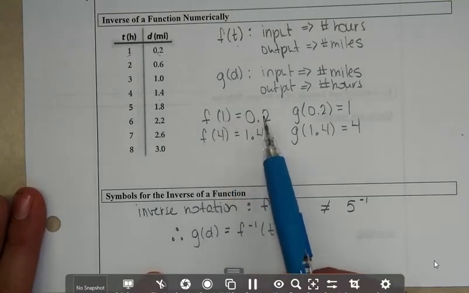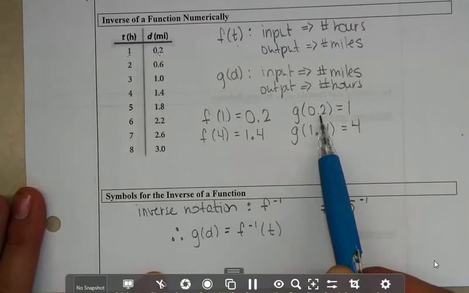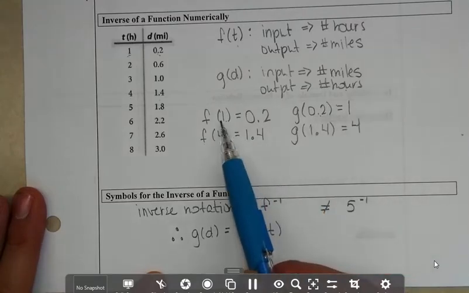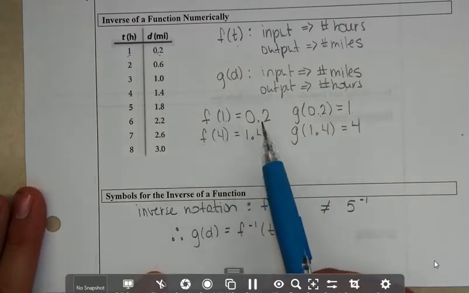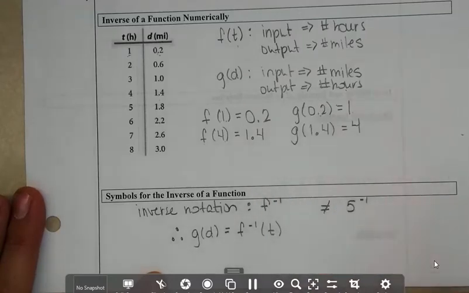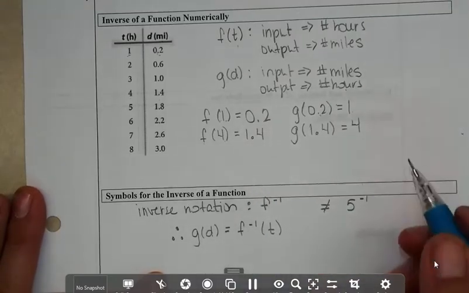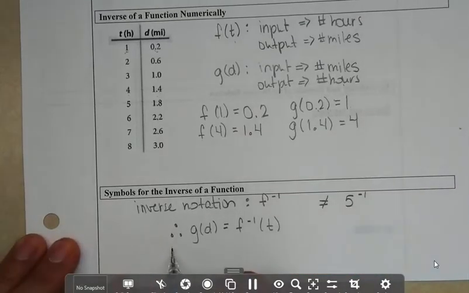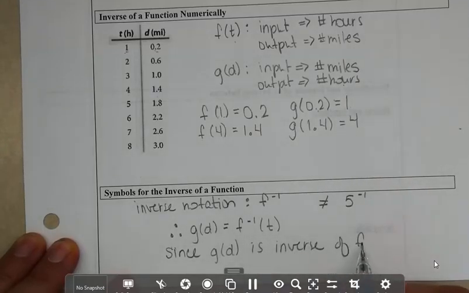If I take that same output and put it into the g function, I get out the input from the f function. So basically what we're doing here is interchanging the x's and the y's, which tells me that those two are inverse functions. So I'll put, since g of d is the inverse of f of t.